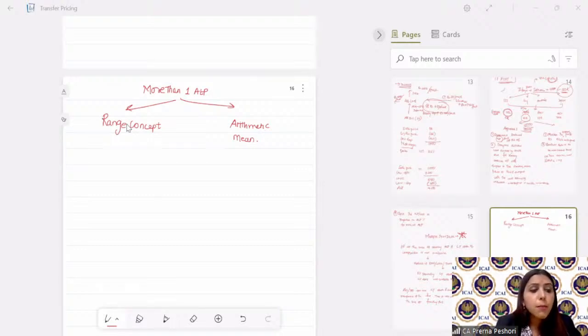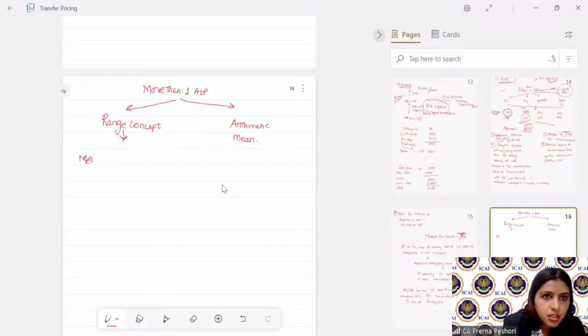If there is more than one ALP, and if your method is CUP, RPM, CPM and TNMM, then in that case PSM is not included.